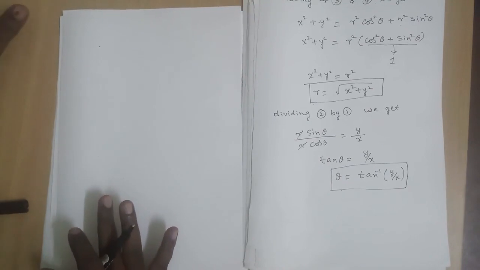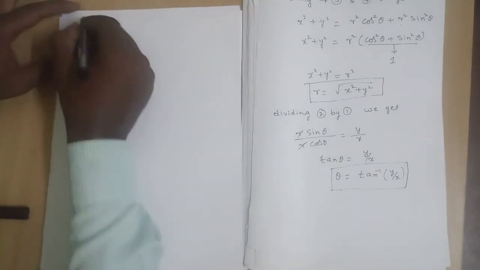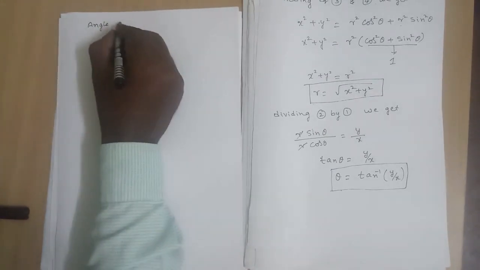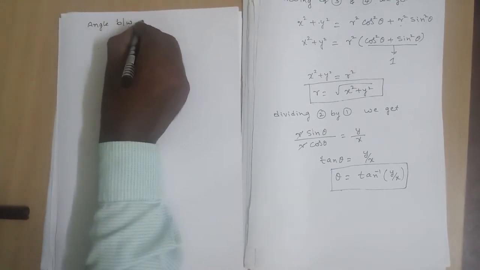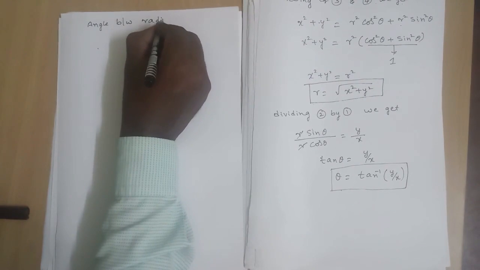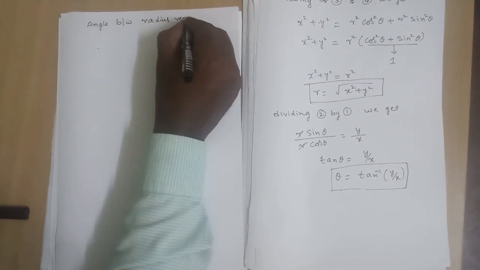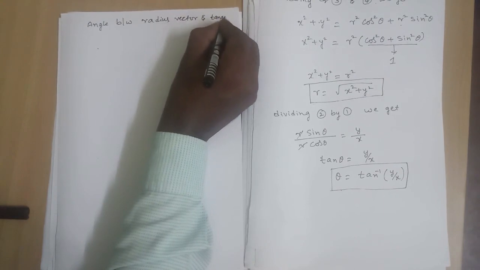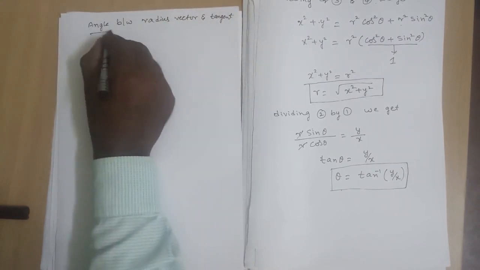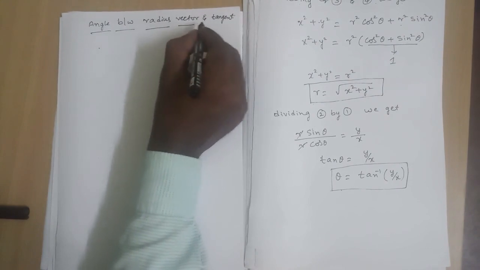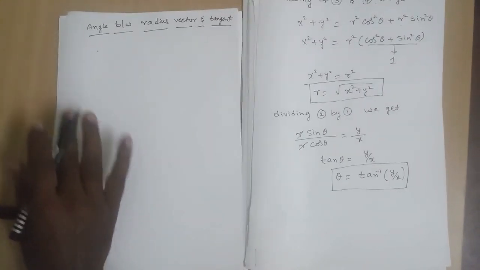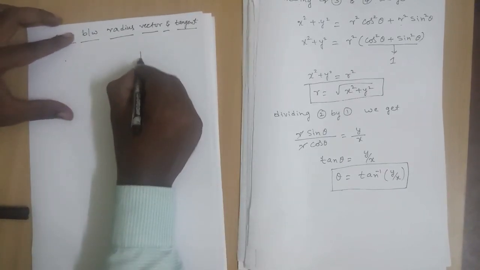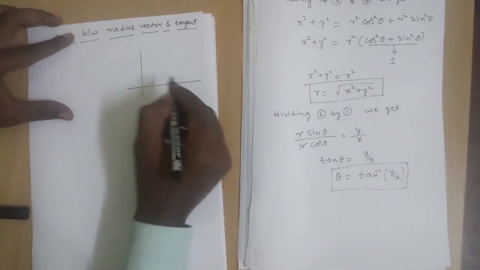Next, the angle between radius vector and tangent. First I will draw the figure.